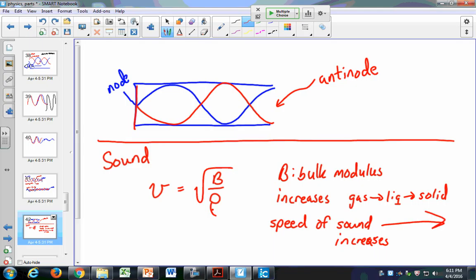All right, this is our density. So as our density increases, the speed of sound decreases. As this goes up, this goes down. It's not a direct relationship, it's an inverse root relationship, I guess you'd call that.